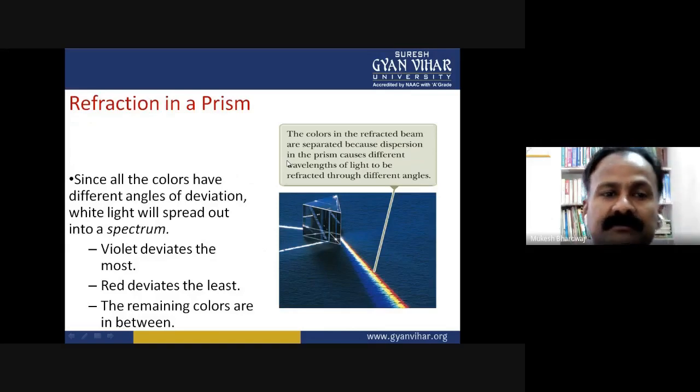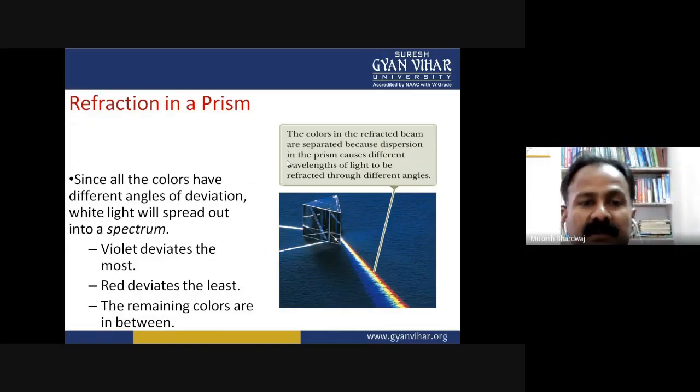Refraction in a prism: since all the colors have different angles of deviation, white light will spread out into a spectrum. Violet deviates the most, red deviates the least, and the remaining colors are in between. The colors in the refracted beam are separated because dispersion in the prism causes different wavelengths of light to be refracted through different angles.